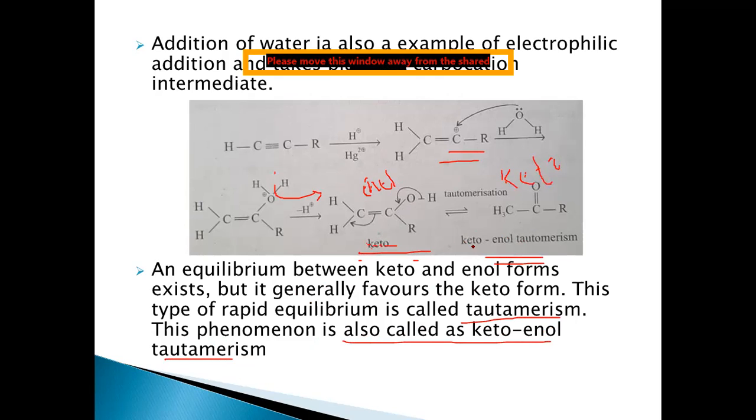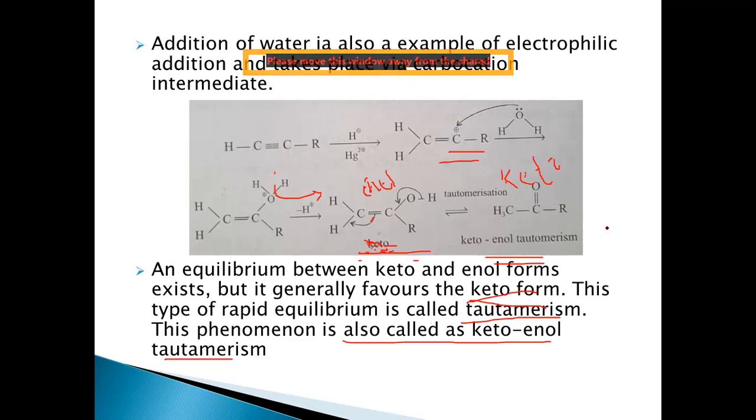How this equilibrium is formed: this bond will shift here and this one to this side, resulting in the formation of the keto form, that is CH3C double bond O R. Because of the shifting of the bonds, this keto-enol tautomerism can be seen, and the equilibrium generally favors the keto form.